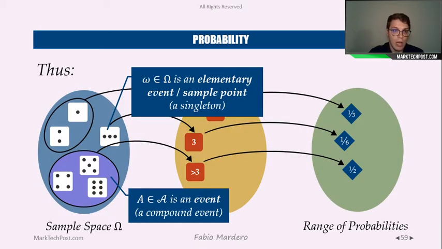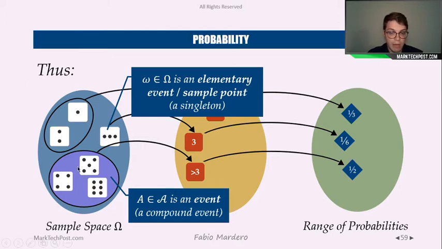So thus, let's refresh the previous slide and define what these elements in the collection of subsets of omega are. For example, here we have just one element of omega, which also stays inside the sigma algebra. Well, this is called an elementary event, also known as sample point, which is in practice a singleton.